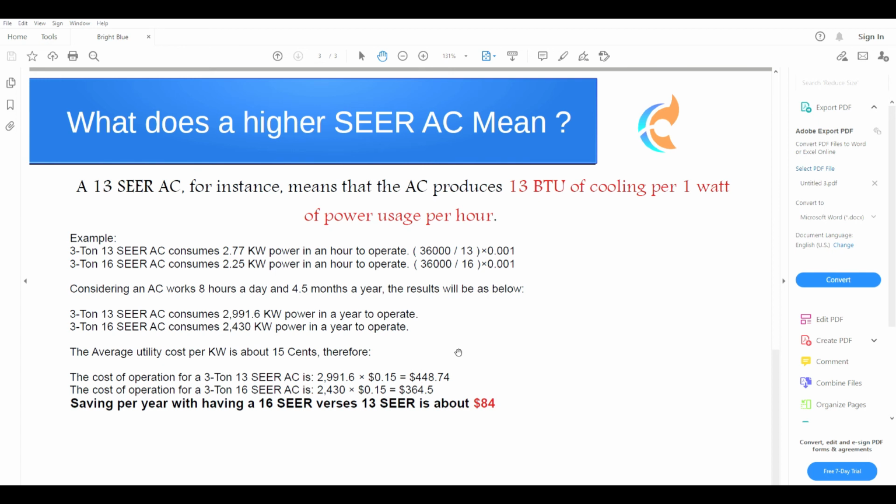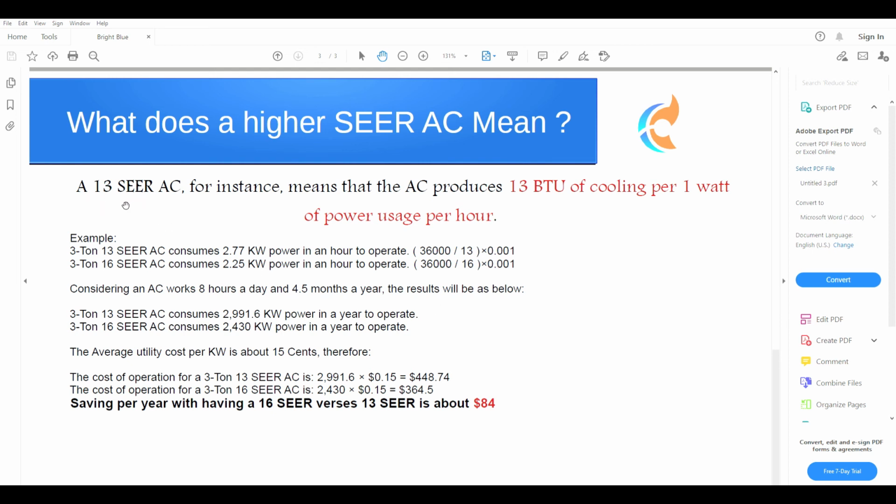Because there are some people who are really looking for something really fancy, something that looks nice, something that is quieter, and so forth. But technically, the only difference between a higher SEER air conditioner versus a lower SEER is just the power consumption. Here's an example.